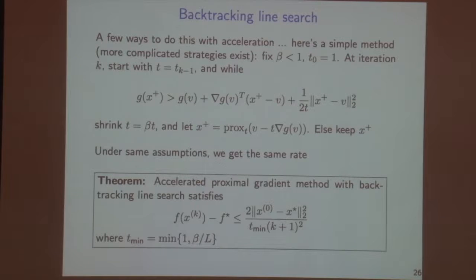We force ourselves to choose smaller and smaller steps across iterations. That's not always true with backtracking. With backtracking for gradient descent, say, we just chose some initial level that we always start from, like 1. Here, to make it work, and this comes from figuring out where one can apply backtracking in the proof, we have to make sure that the step sizes decrease across iterations. So it may be less effective in some sense than backtracking with other methods, because if we ever took a small step size at one iteration, we've forced ourselves to take step sizes that are at least that small in all future iterations.